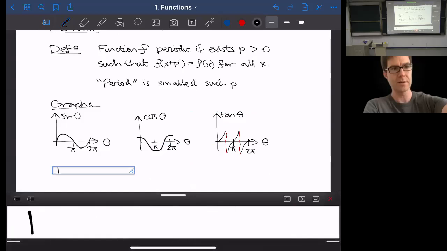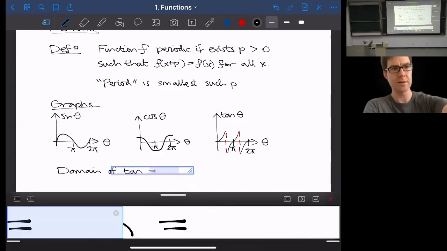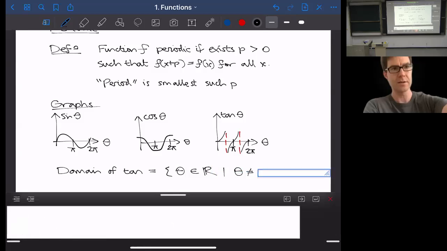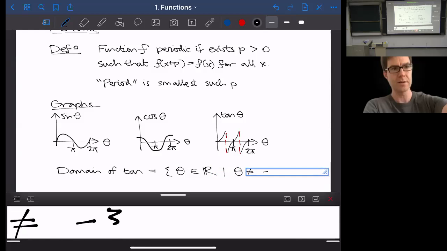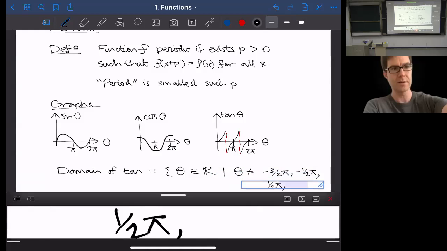So note, the domain of tan is the thetas such that theta is not equal to -3/2 pi, minus half pi, half pi, 3 over 2 pi, and so on.